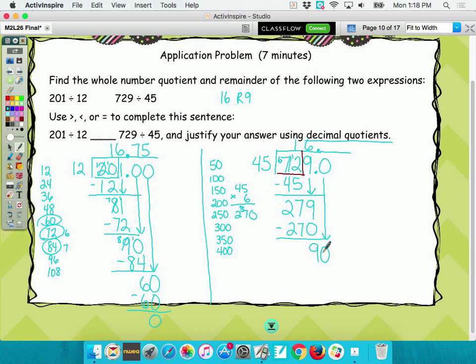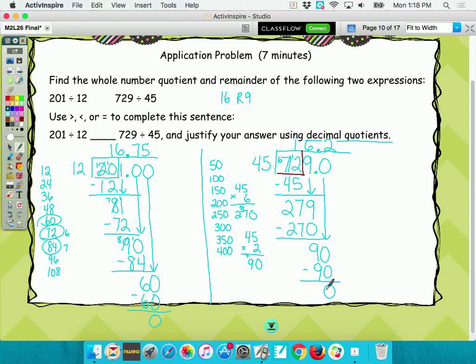So 90. 45 times 2. Let's try that. Sure enough. So 16 remainder 2. Why did I put a 5 there? I don't know. 16 and 2 tenths.